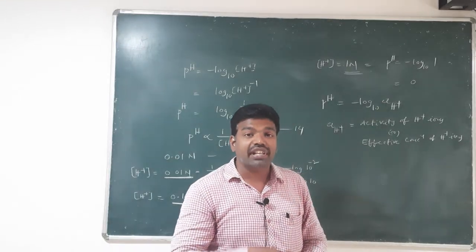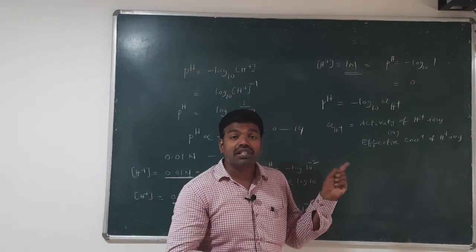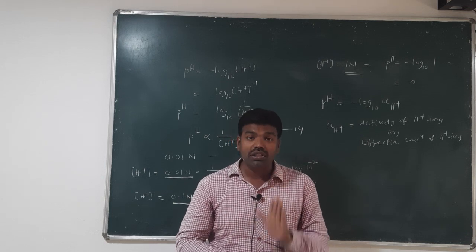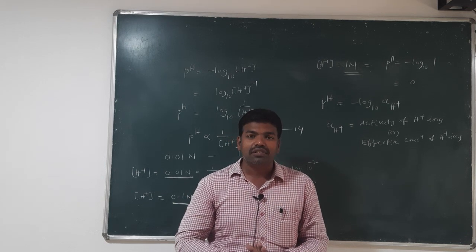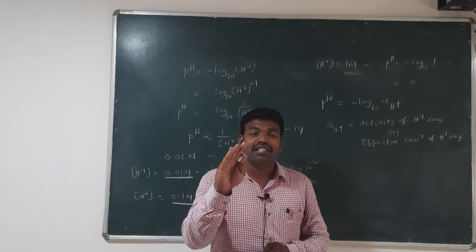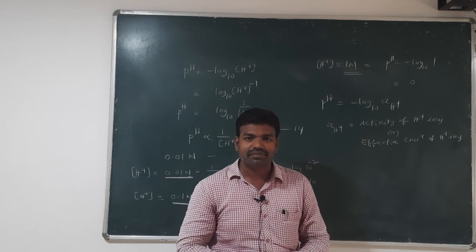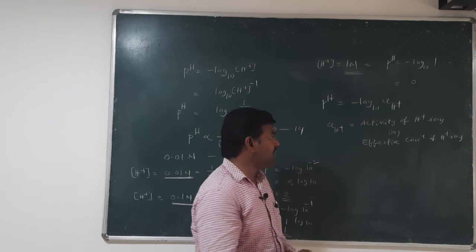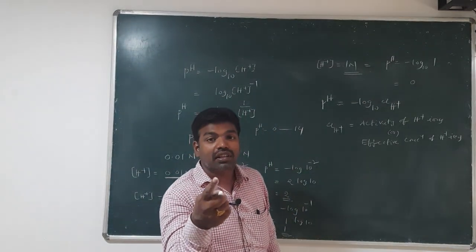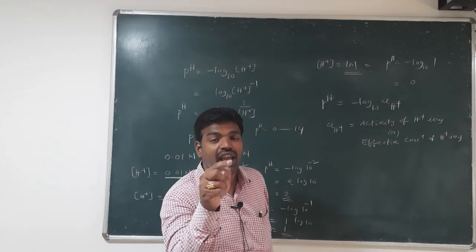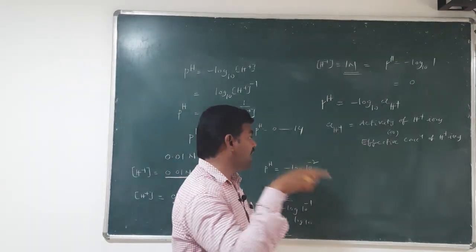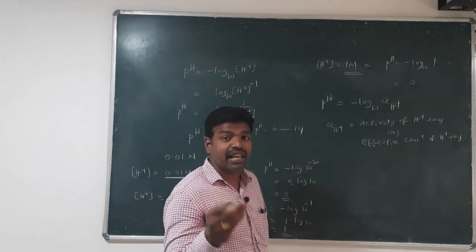So with increasing concentration, the concentration of free H plus ions becomes progressively less, because interionic attractions increase as the concentration increases. Then how can we calculate the activity?